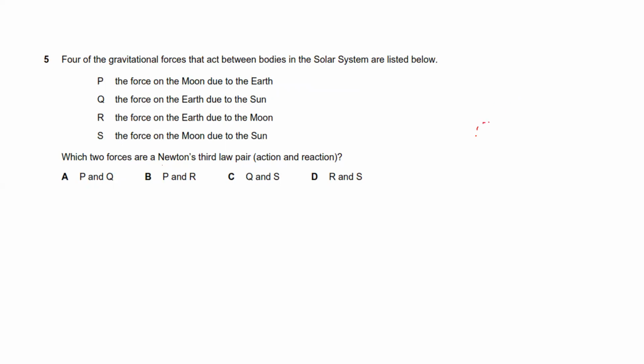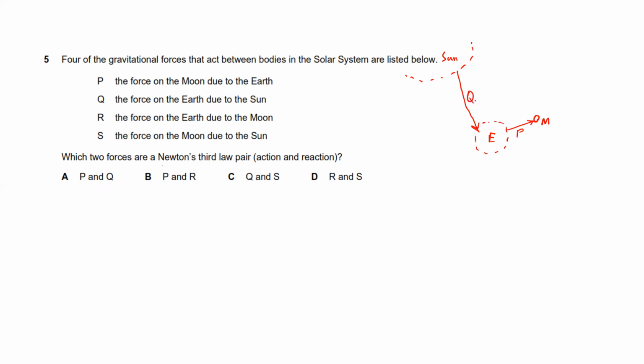So for example, this is my Earth. This is our moon. And this is, for example, the sun we have. P is the force on the moon due to Earth. So P is this force. Q is the force on Earth due to the sun.